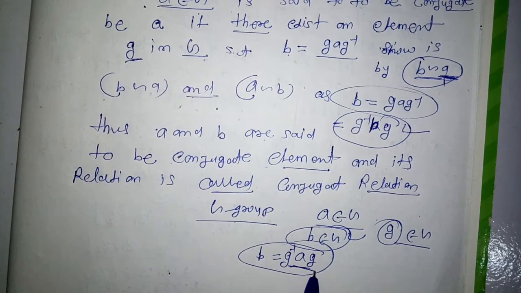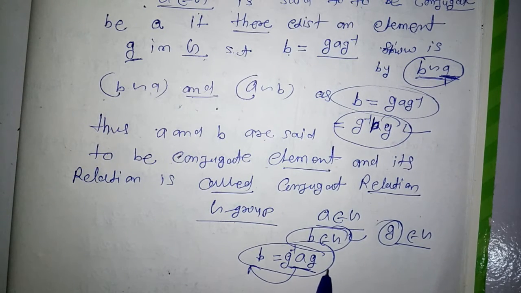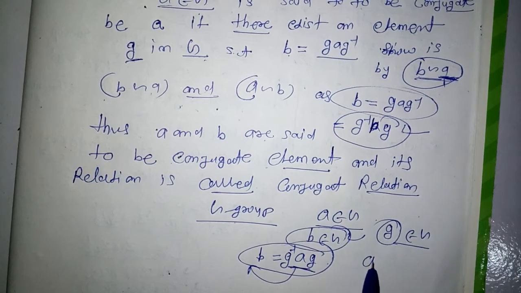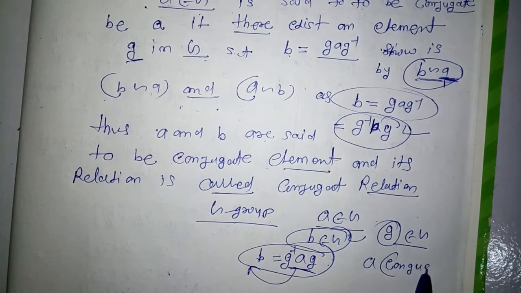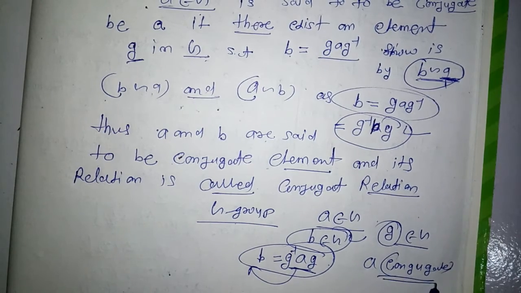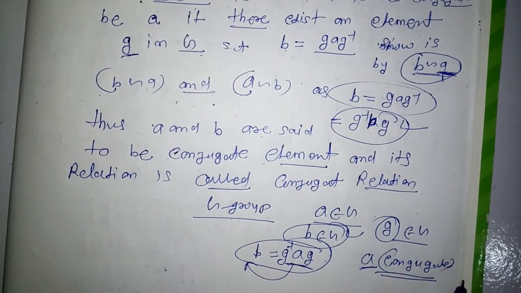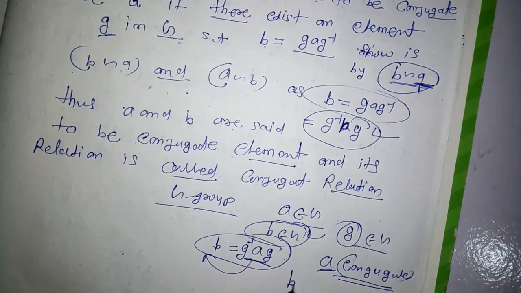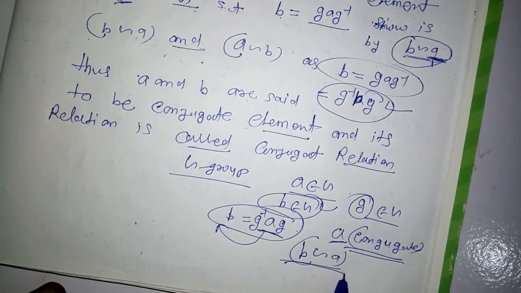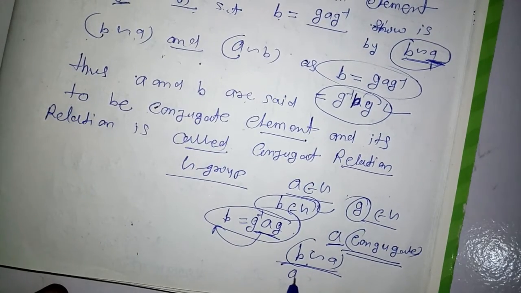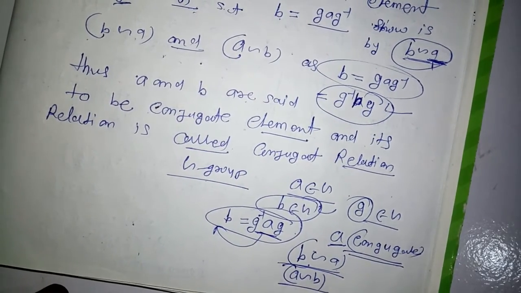This condition is equal to B, then we call A is conjugate, and it is represented by A ~ B, also represented by B ~ A.